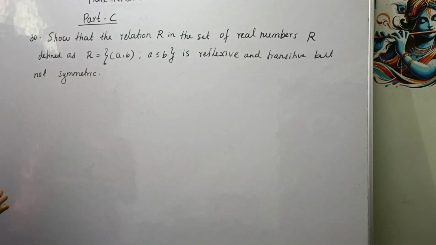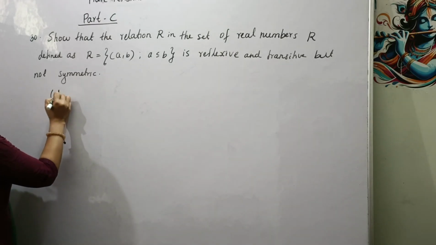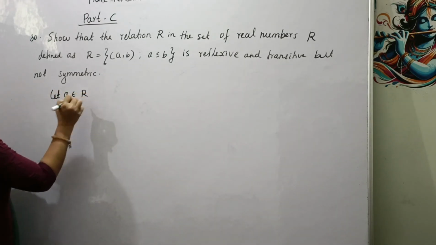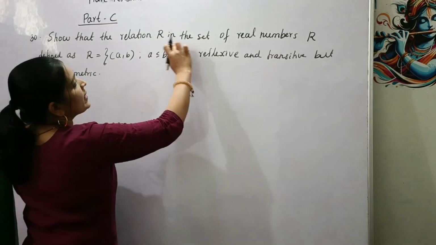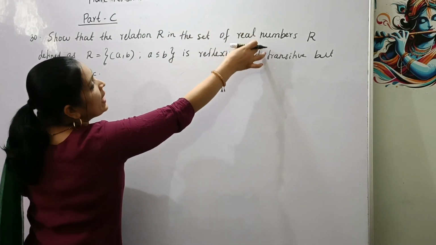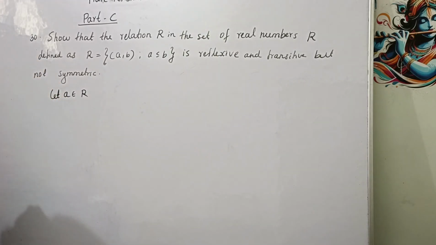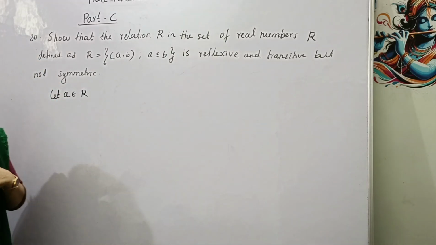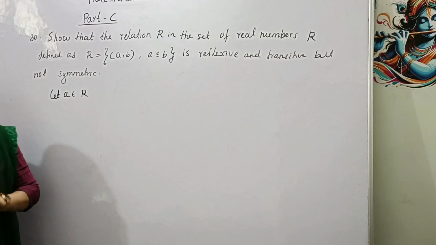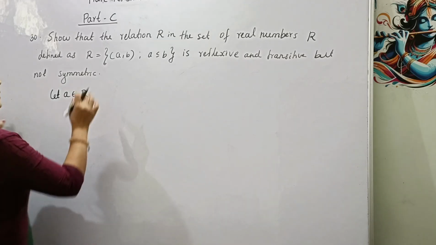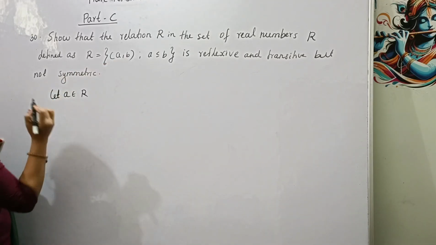For reflexivity, let's take an element from R, that is, the set of real numbers. So let a belong to R. For reflexive we have to prove (a, a) belongs to R. Here what is the relation? a is less than or equal to b.